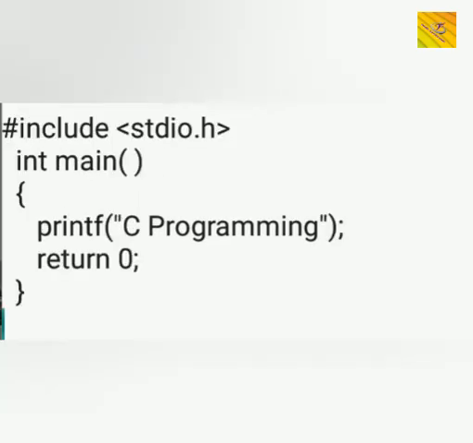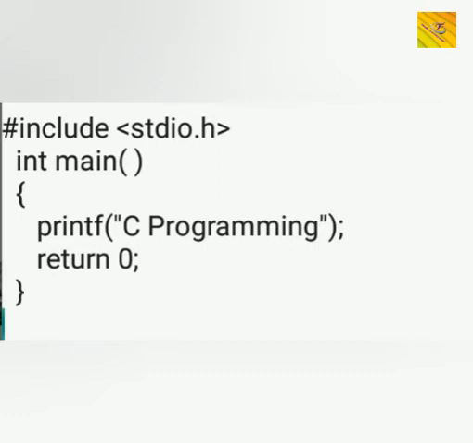So, how does this program work? All C programs must contain the main function. The code execution begins from the start of the main function. The printf is a library function to send formatted output to the screen. The function prints the string inside the quotation.